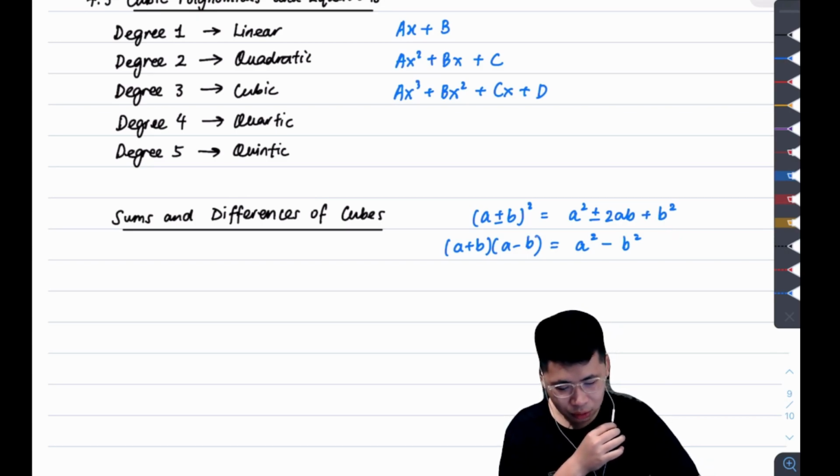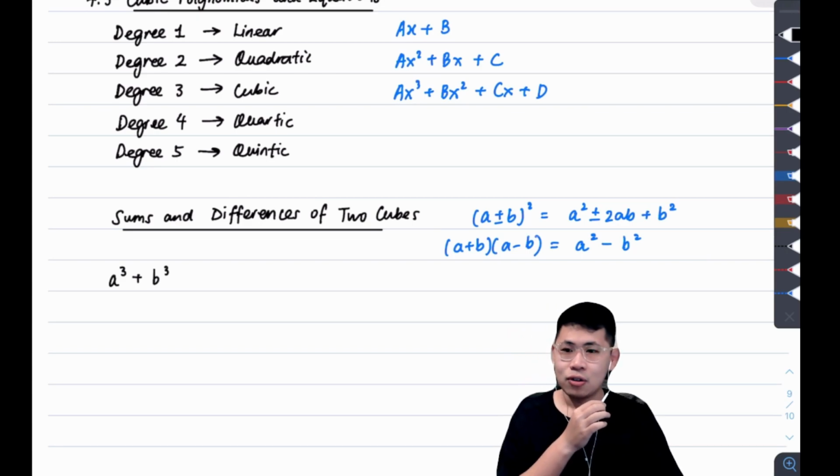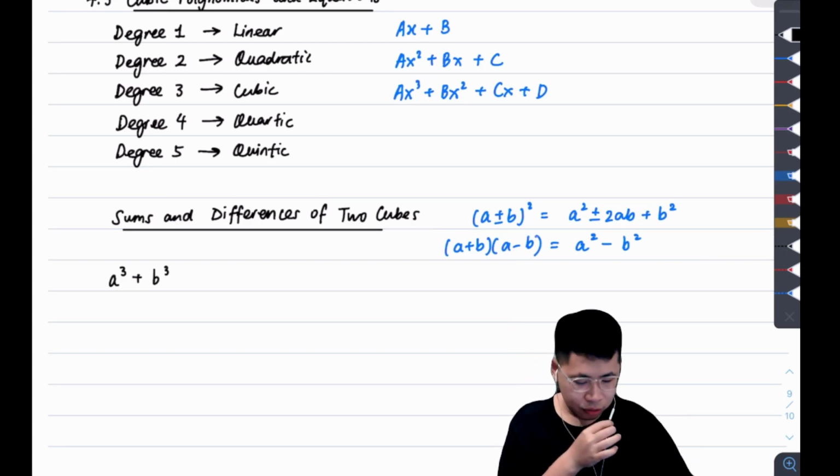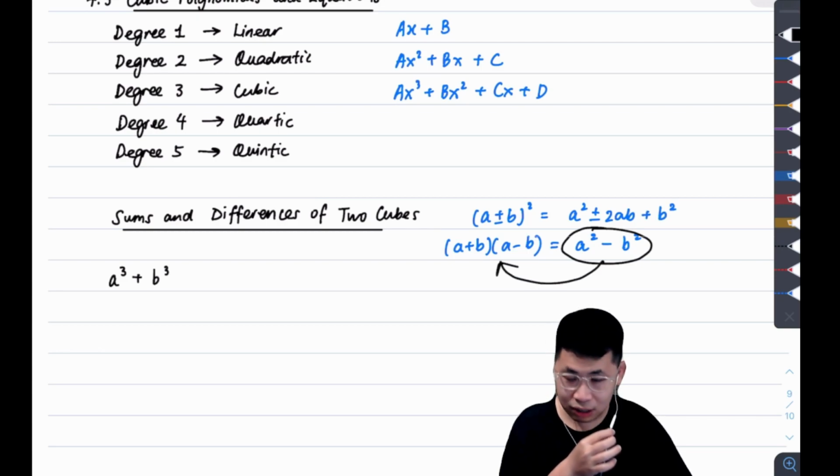So for this one over here, we are going to look at the sum and differences of two cubes, and let's check out the identity. Here we have a cubed plus b cubed, and we want to transform it to a factorized form.